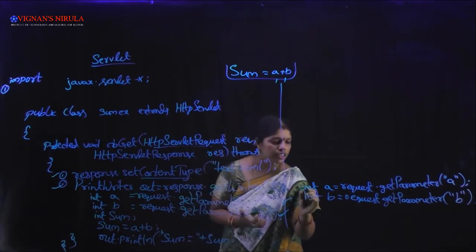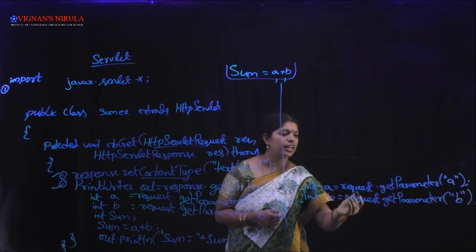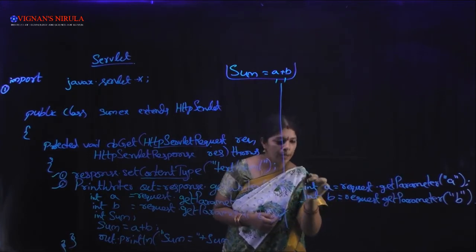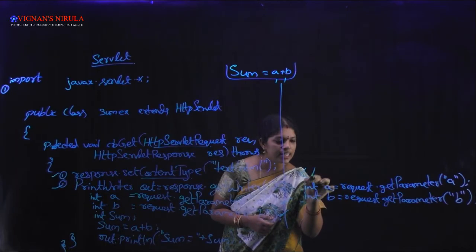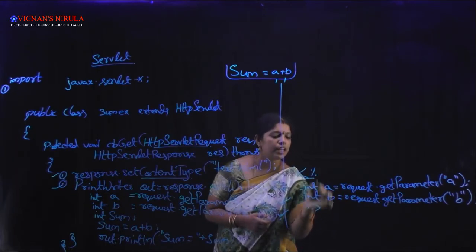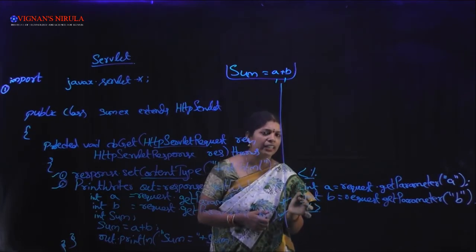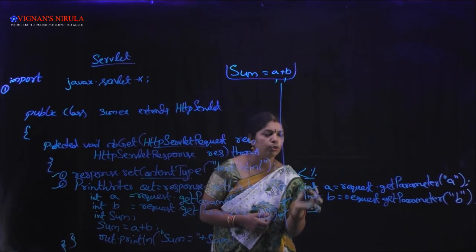By using int a and int b, I am getting the parameters of A and B by using the request object. I am defining these integer variables in between the less than symbol with the percent symbol, and the percent symbol with the greater than symbol. In between I am writing two lines of Java code.